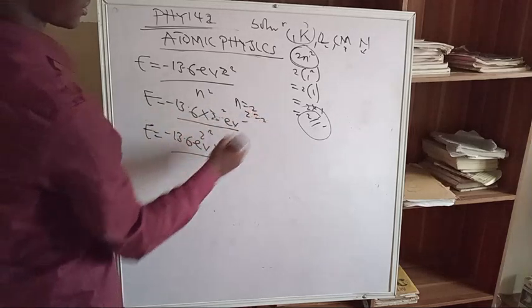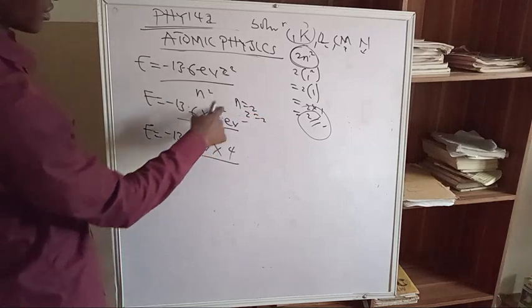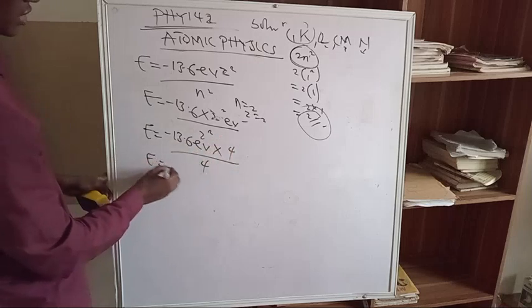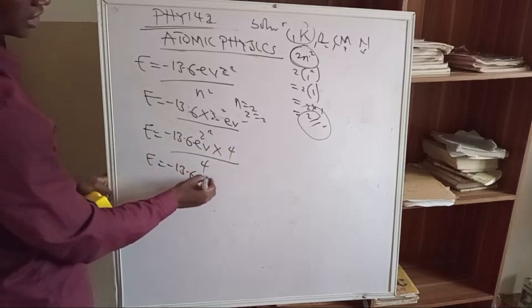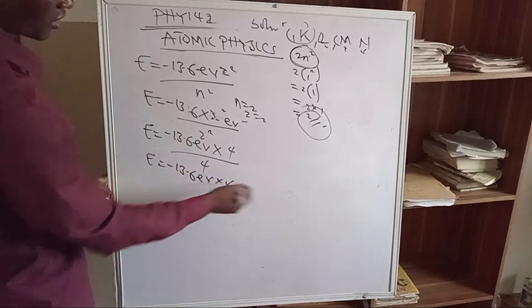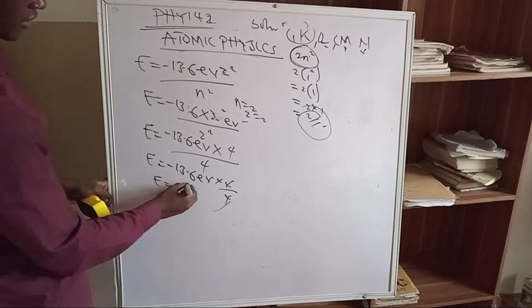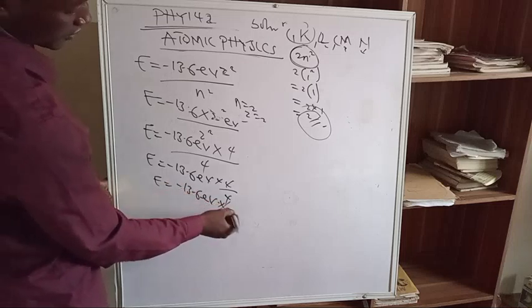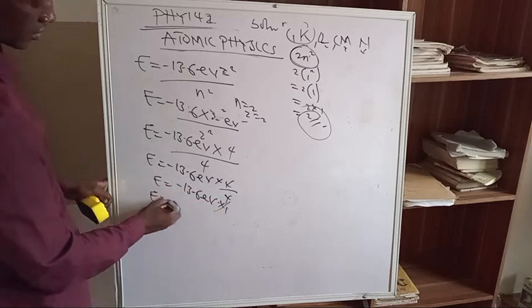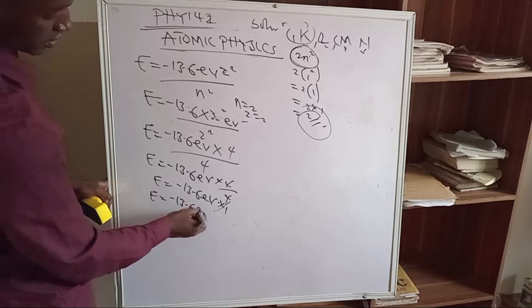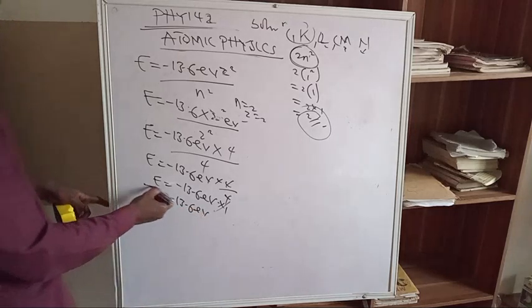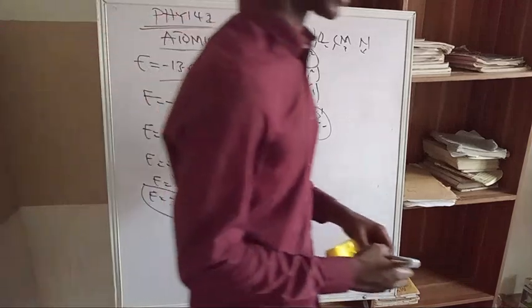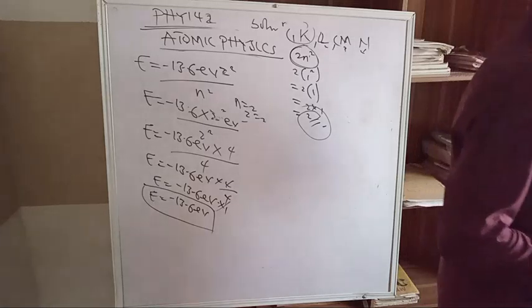Z was equal to 2, so we have Z squared here, 2 squared, which is 4, over 2 squared, which is over 4. Then E is equal to minus 13.6 eV multiplied by 4 over 4. So you cancel, and 4 divided by 4 gives 1. That is E is equal to minus 13.6 eV. That's what you have as the energy of the K shell associated with a helium atom.